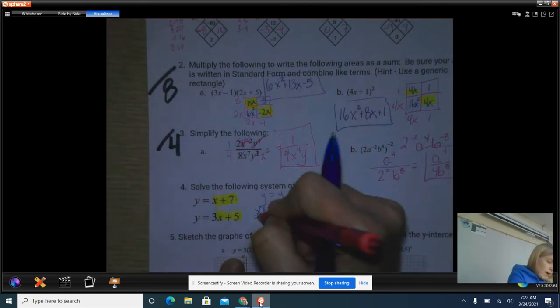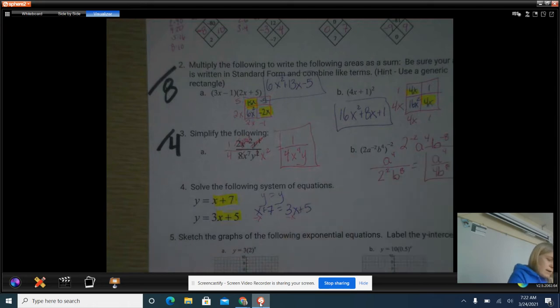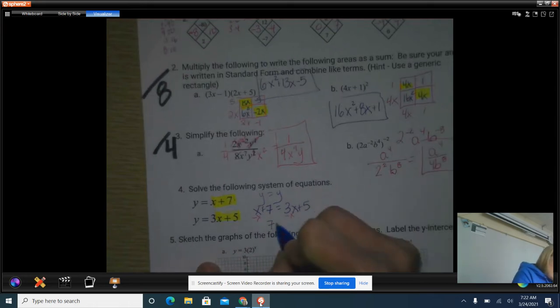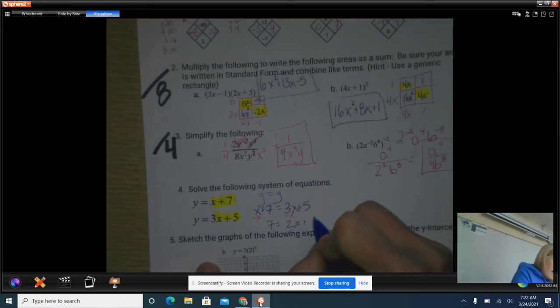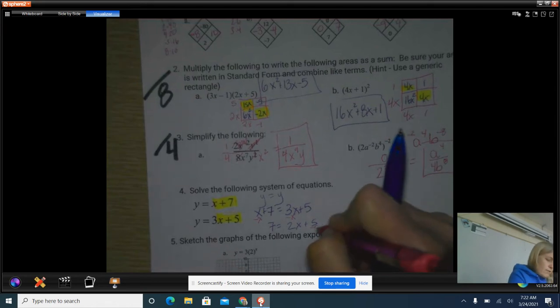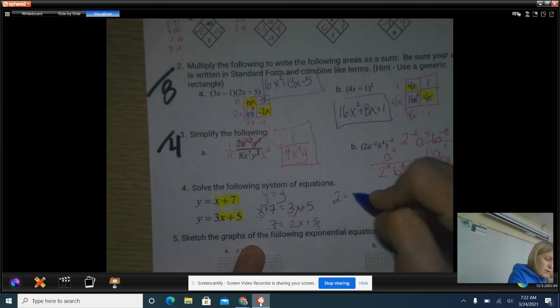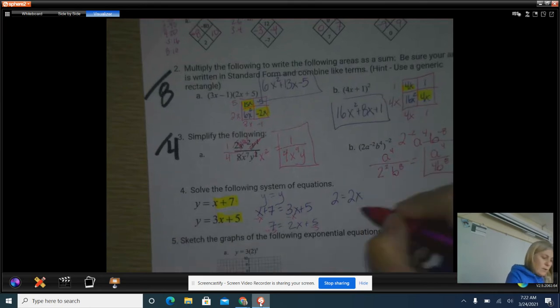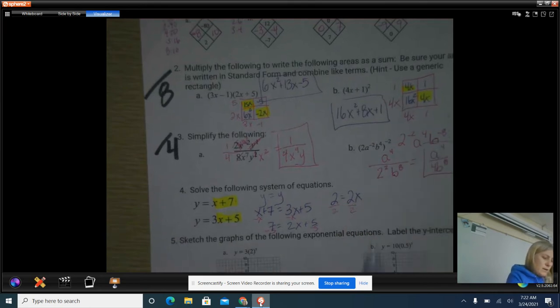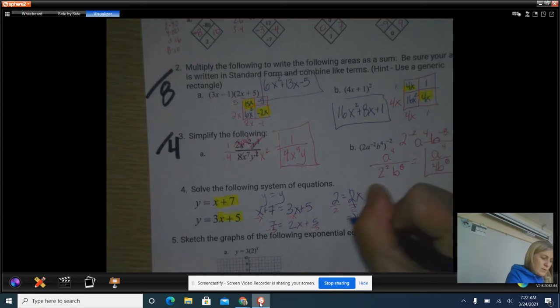So I'm going to subtract x from both sides. That gives me 7 is equal to 2x plus 5. We're going to subtract 5 from both sides, and I get 2 is equal to 2x. Divide both sides by 2, and I get x is equal to 1.